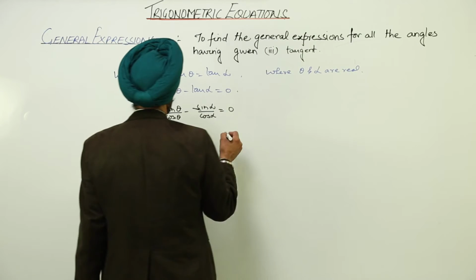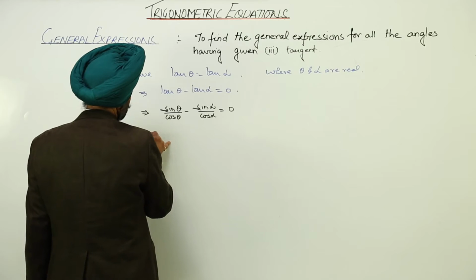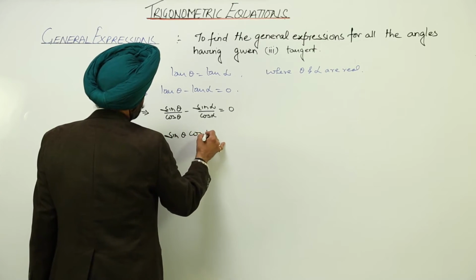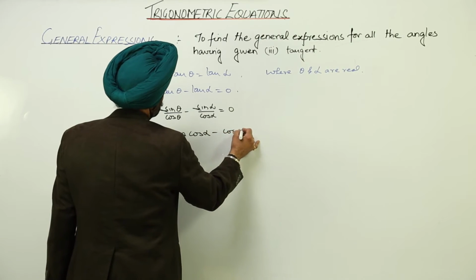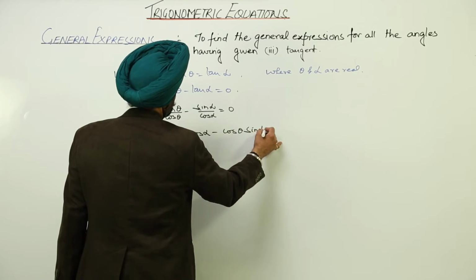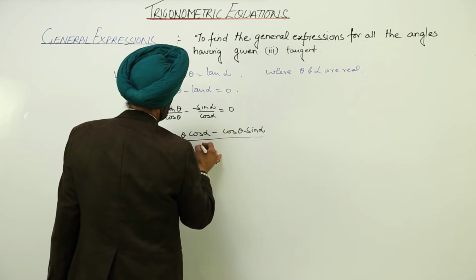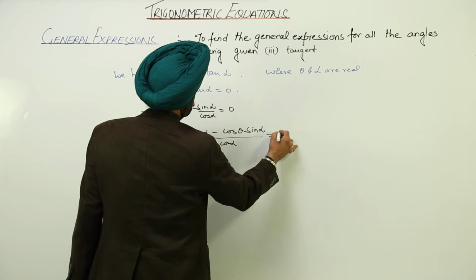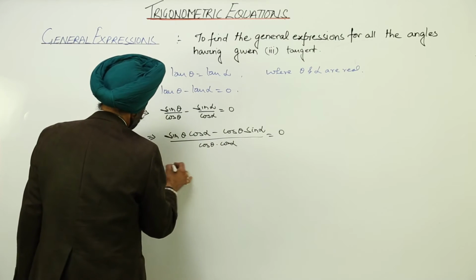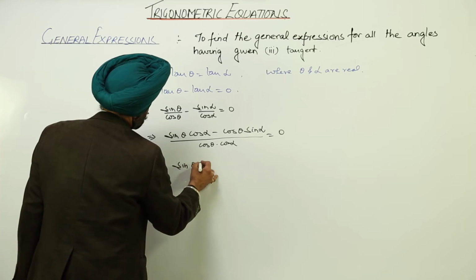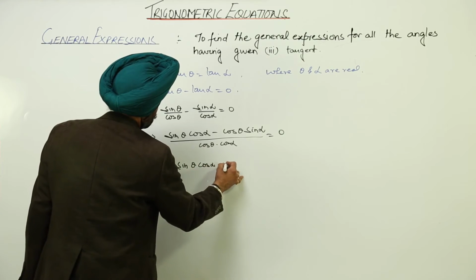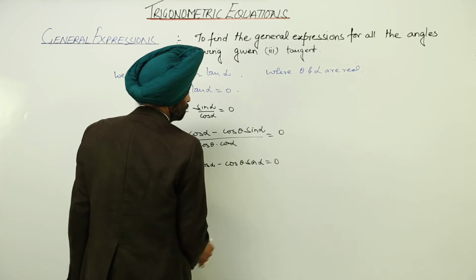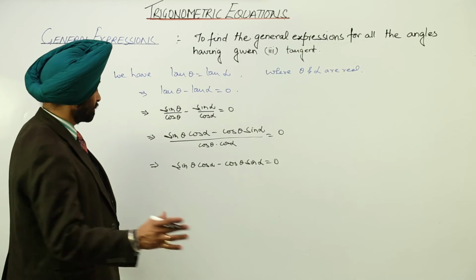And sin theta cos alpha minus cos theta sin alpha upon cos theta cos alpha is equal to 0. Sin theta cos alpha minus cos theta sin alpha is equal to 0. Simple thing here.